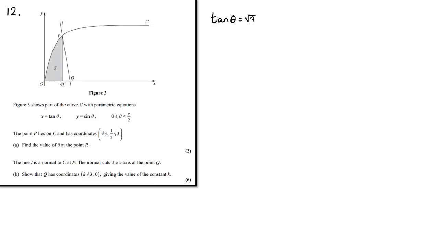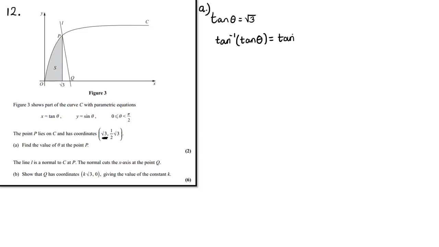Okay, so this is part A. So tan theta is equal to root 3 because the x coordinate is root 3. So root 3 is equal to tan theta. So in this case, we just want theta, the value of theta. So we take tan inverse of both sides. So tan inverse of tan theta. And then we take tan inverse of the right hand side as well.